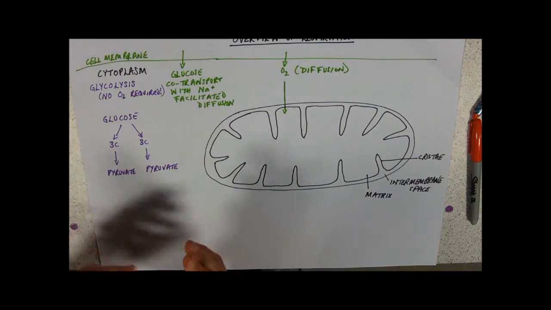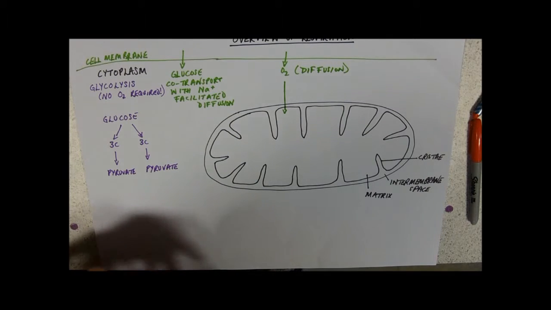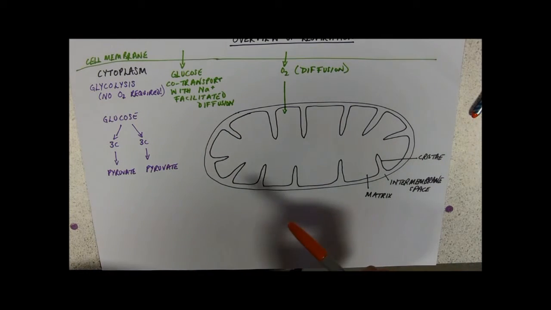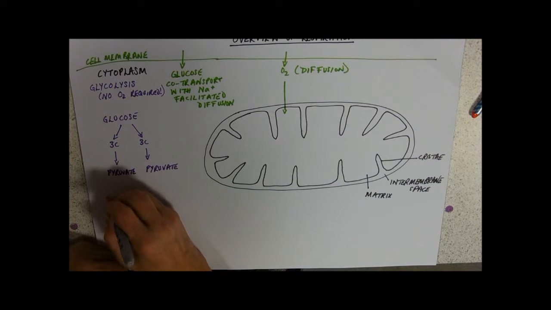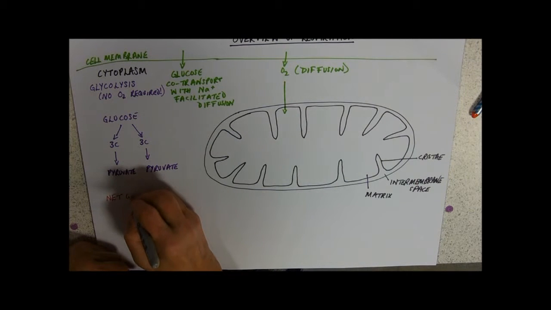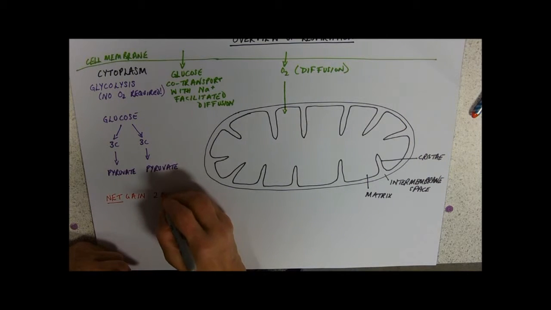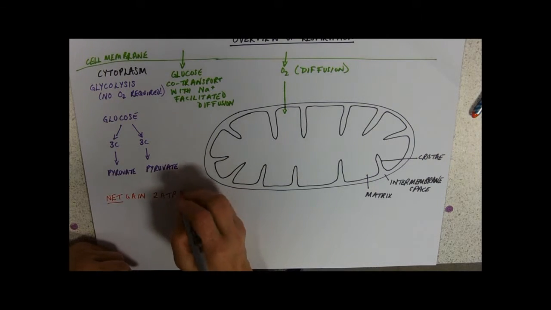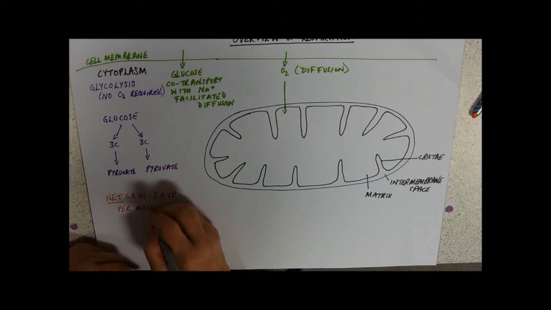And again, I'll do those reactions in more detail. So remembering that the whole point of respiration is to make some ATP, here we get a net gain, overall gain of 2 ATP per molecule of glucose.